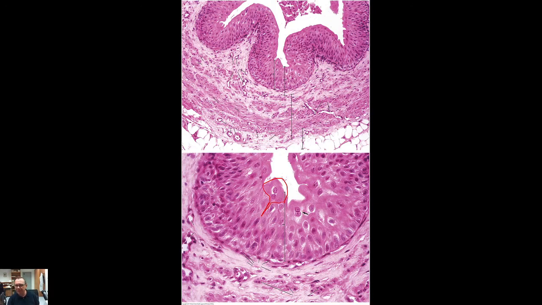Under the umbrella cells there are several layers of intermediate cells, and their number depends on the distension of the organ. If some organ like ureter, this is probably ureter, when the ureter is contracted, empty, the amount of intermediate cells is very high.